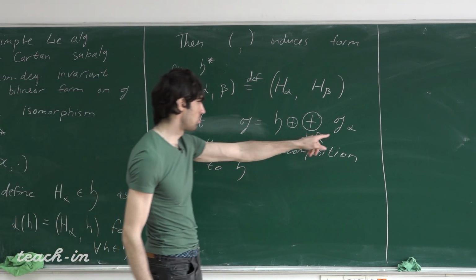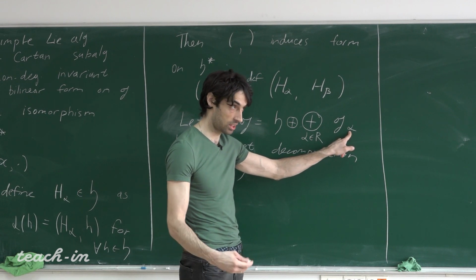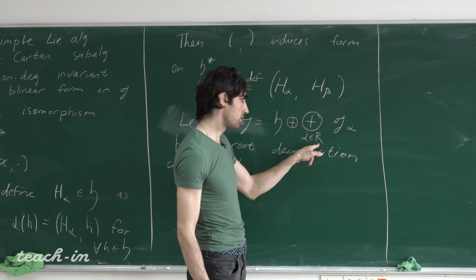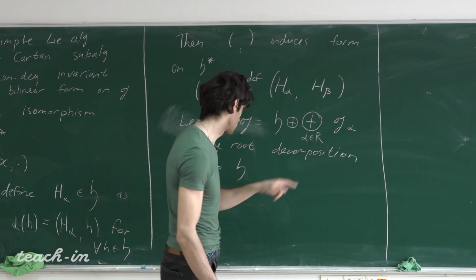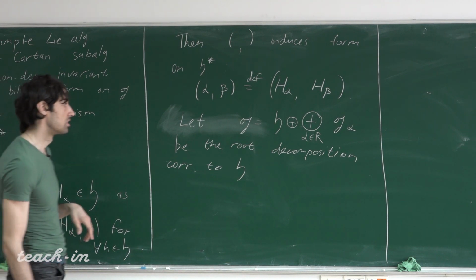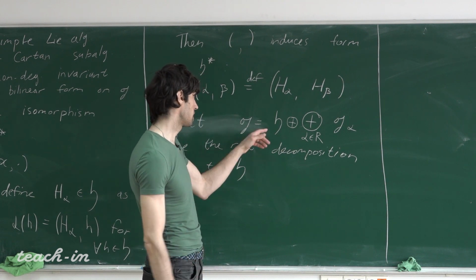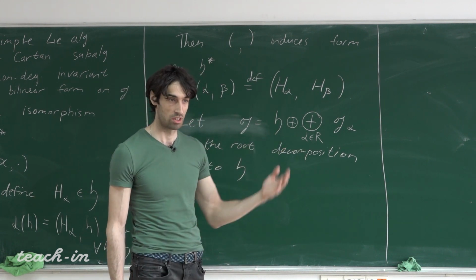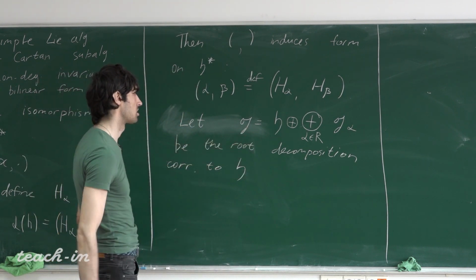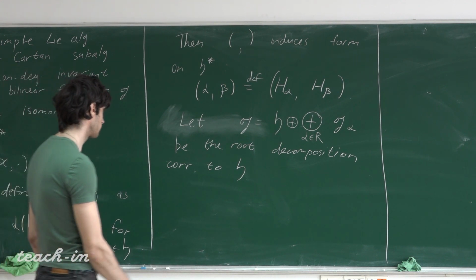So G alpha is a common eigenspace for H, and R is a root system. It's a finite subset of H star. We just simultaneously diagonalize all elements of H and get such a decomposition, written as a decomposition of common eigenspaces.